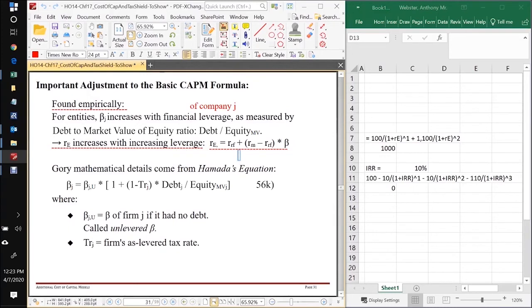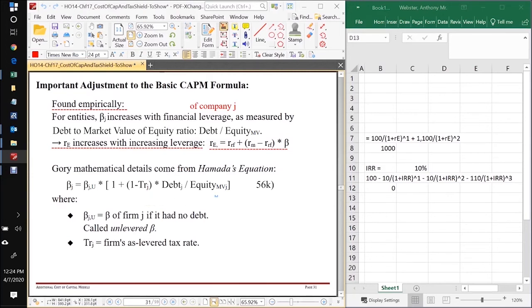So you don't need to know the gory mathematical details, but I just want to show them to those of you who are interested. This is pretty well modeled in Hamada's equation, and the key thing to note here is that beta is increasing as this debt to enterprise value ratio increases, where beta j comma u is the beta of the firm if it had no debt, called the unlevered beta, and TR is the tax rate.